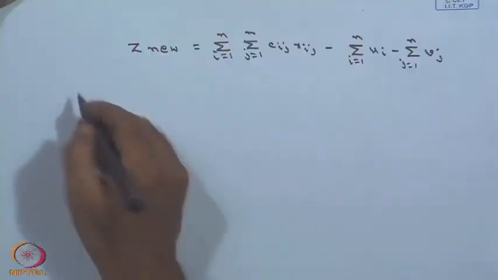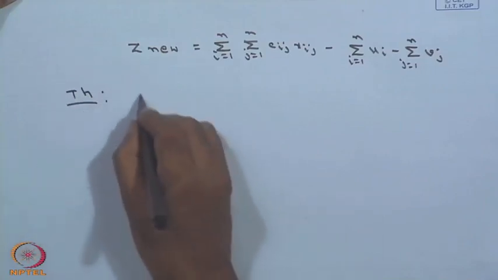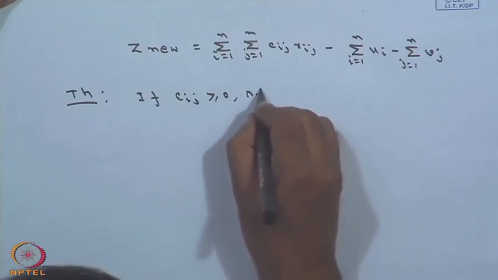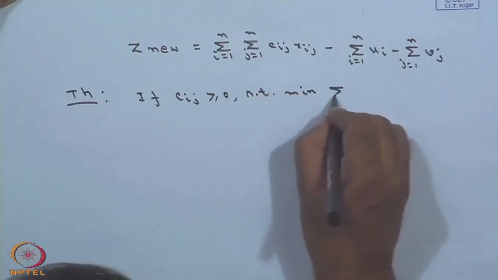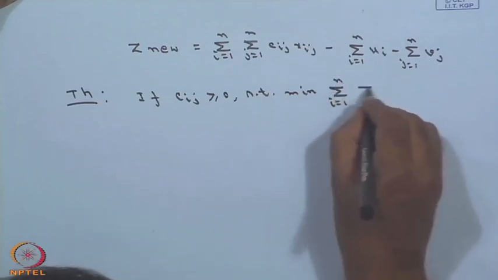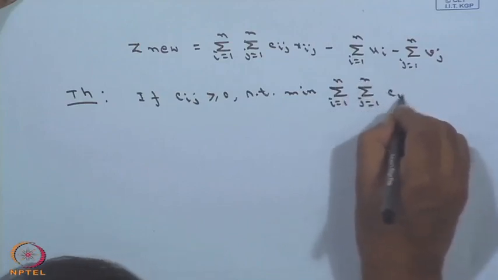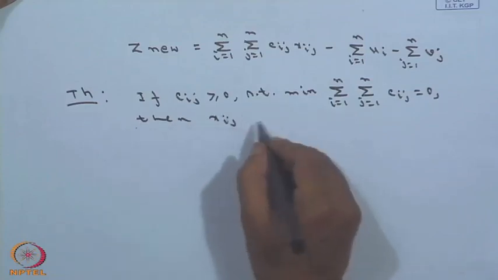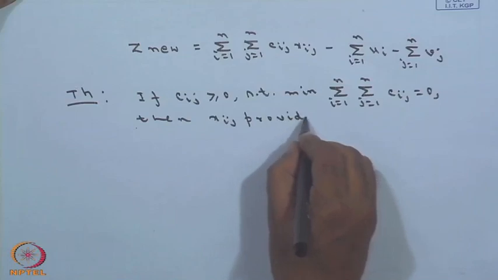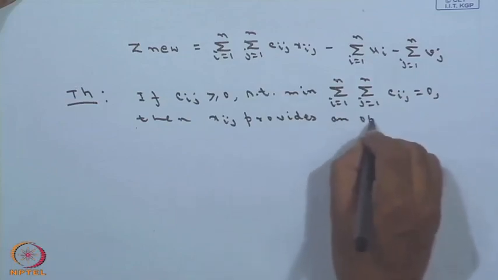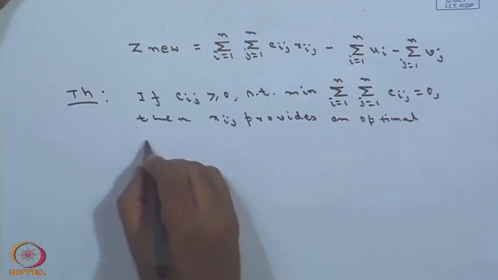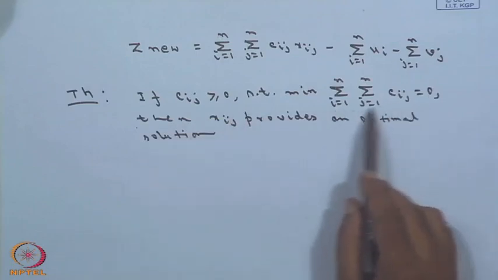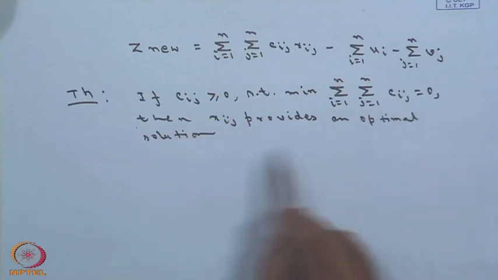This is the first theorem, and the second theorem says that if C_ij is greater than or equal to 0, such that the minimum of summation over i and j of C_ij x_ij equals 0, then x_ij provides an optimal solution.